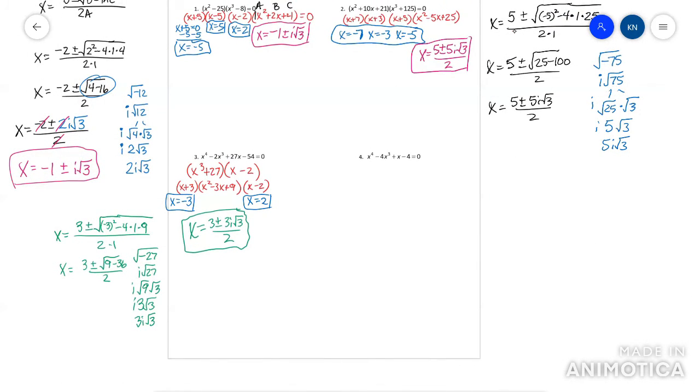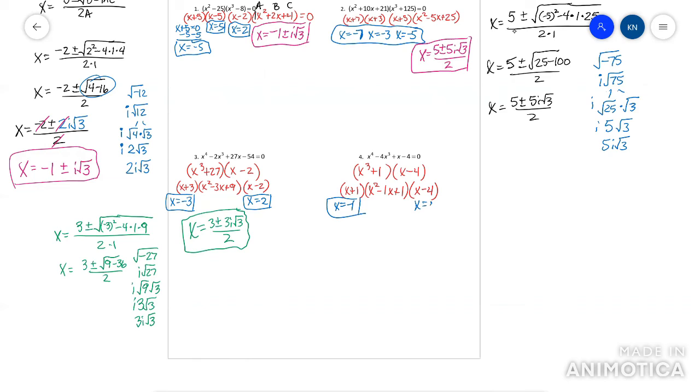Okay, last problem. Factor it fully. They gave us another cube, so keep going. Go find these easy factors. This one would be negative 1.